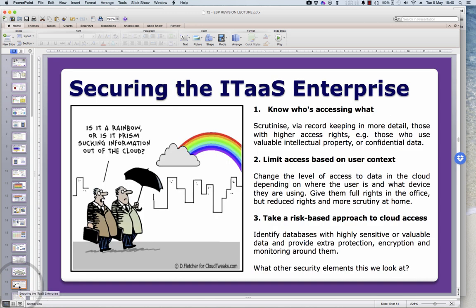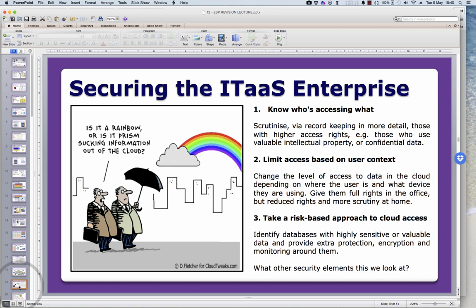Okay, so securing the IT as a service enterprise. Well, we know who's accessing what. Scrutinize via record keeping in more detail those with higher access rights. So this is where you're trying to secure your enterprise.